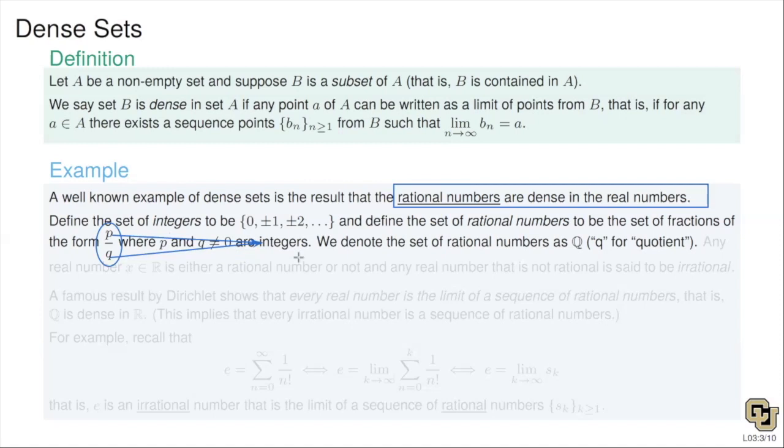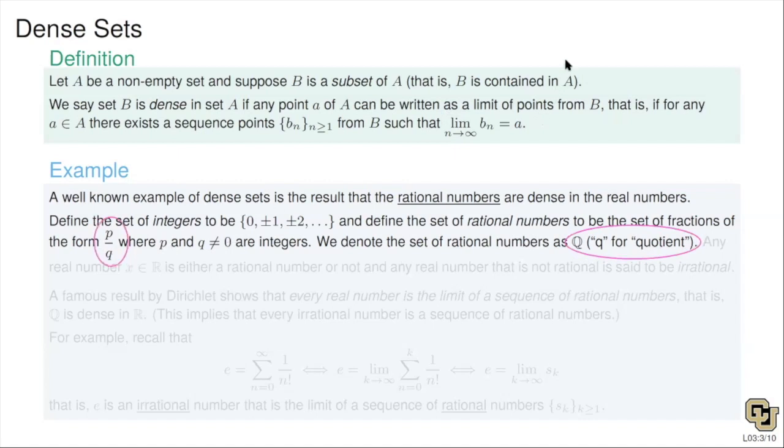But 1/2, 3/4, 7/6, all the nice numbers that we liked in elementary school when life was simpler. We denote the set of rational numbers, the set of all fractions made up of integers where of course the denominator cannot be 0, as Q, this fancy Q here. Q for the word quotient.